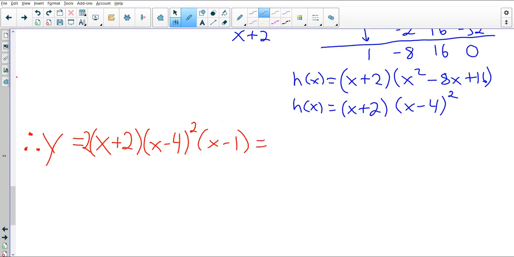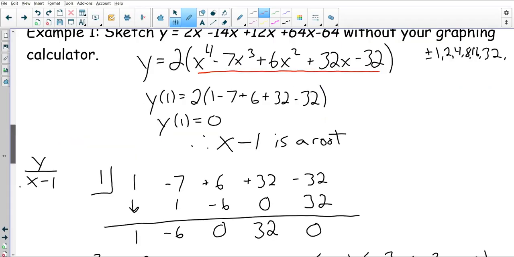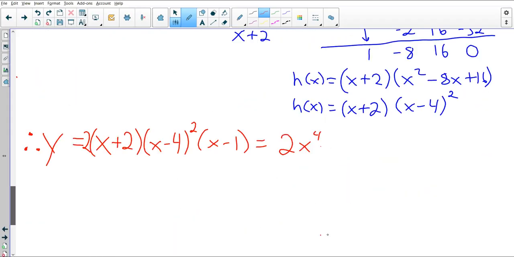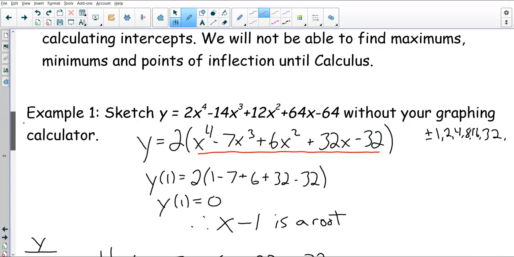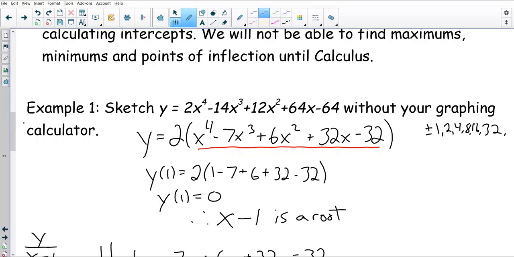And I'm going to actually write that full thing down. So, all right, minus 7x cubed plus, I think it was 6x. Oh, no, okay, so it should be a 14, 12, and then 64.